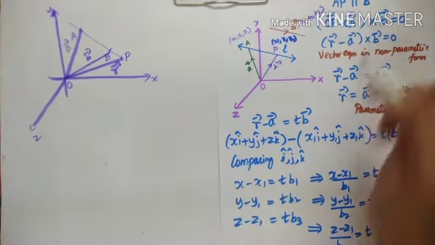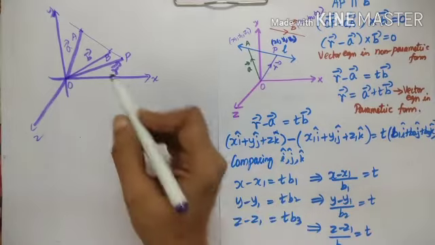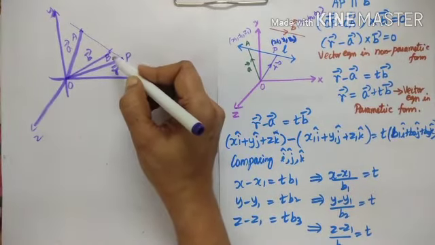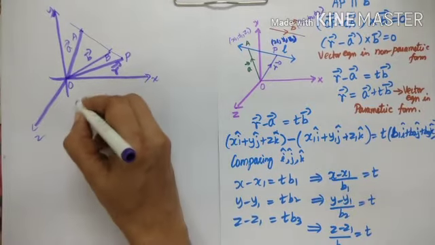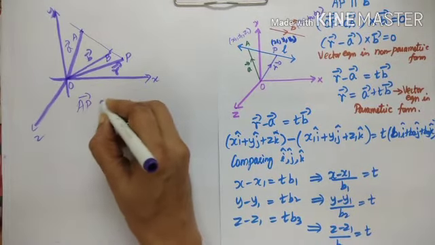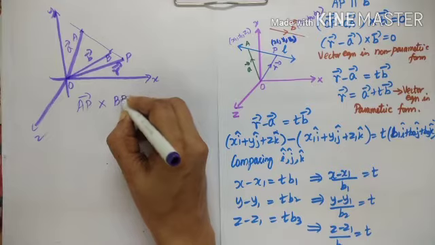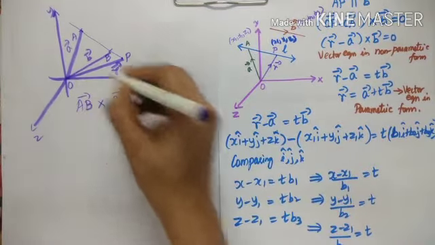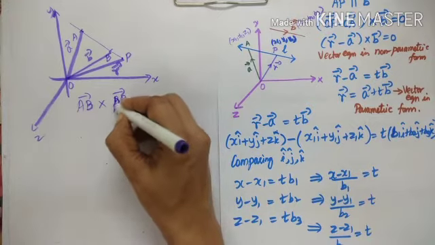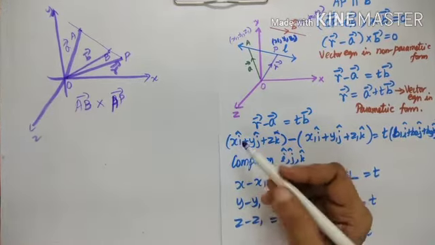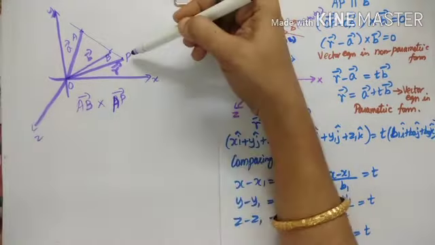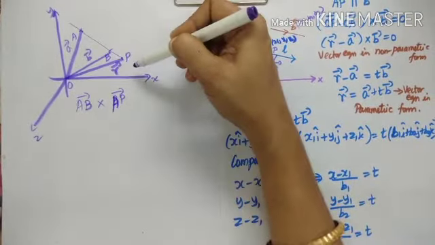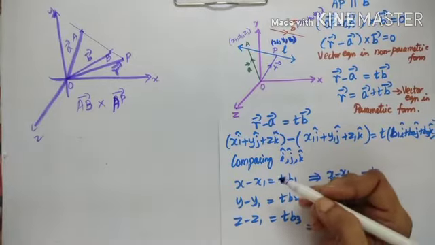Now using this idea, which is parallel: AP vector parallel to BP vector also, or AB parallel to AP vector also I can say. Any three ways I can write.